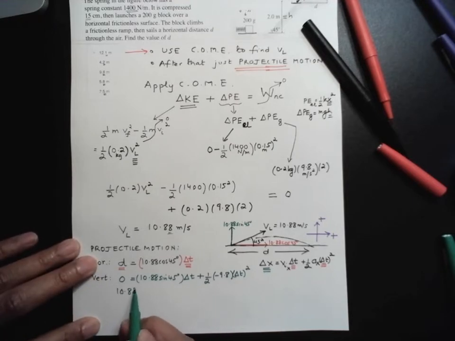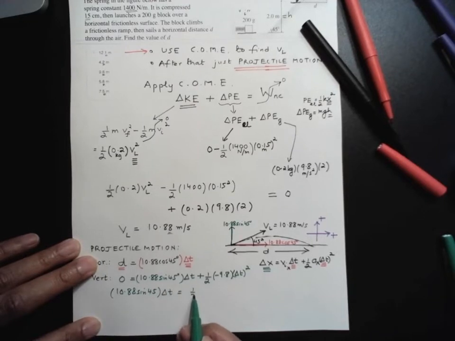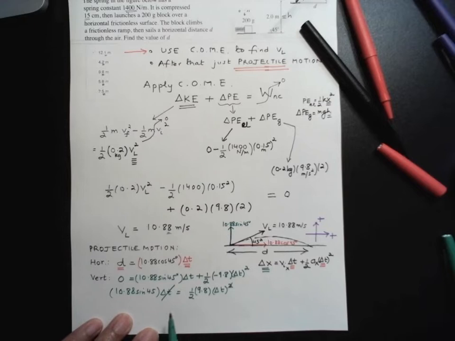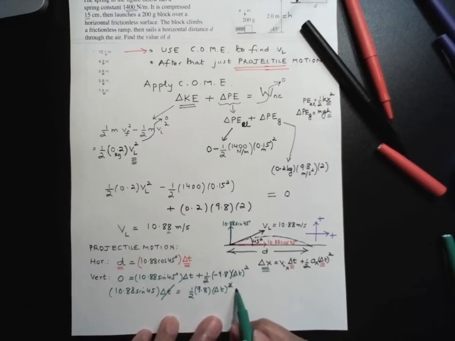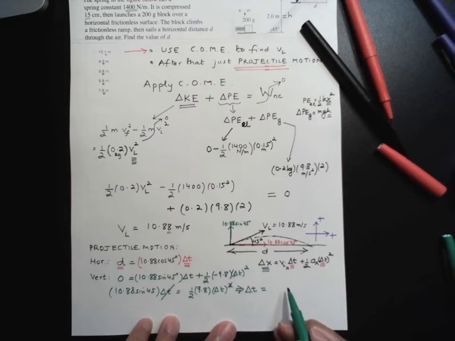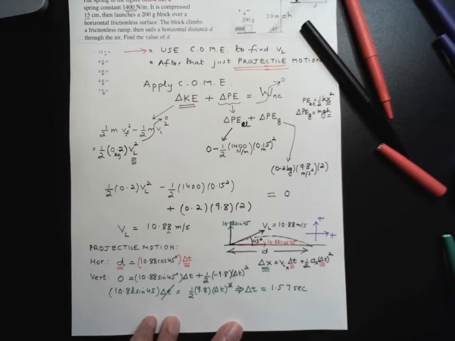So 10.88 sine 45 delta t is equal to 1/2 9.8 delta t squared. So one of these delta t's cancels, right? I'm just solving for delta t here. And so now delta t is 2 times 10.88 sine 45 divided by 9.8. And delta t works out to 1.57 seconds.